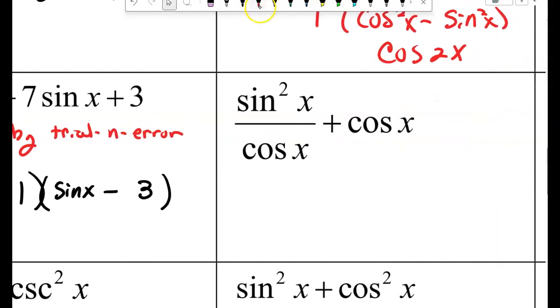I know what you guys are going to say for this one. Thank you. Because you've seen this start like this before. Sine squared x over cosine x plus cosine x. Yeah, it's the common denominator. Would you guys agree? Yeah. Put that over 1, and then you're going to use the common denominator. Excellent.